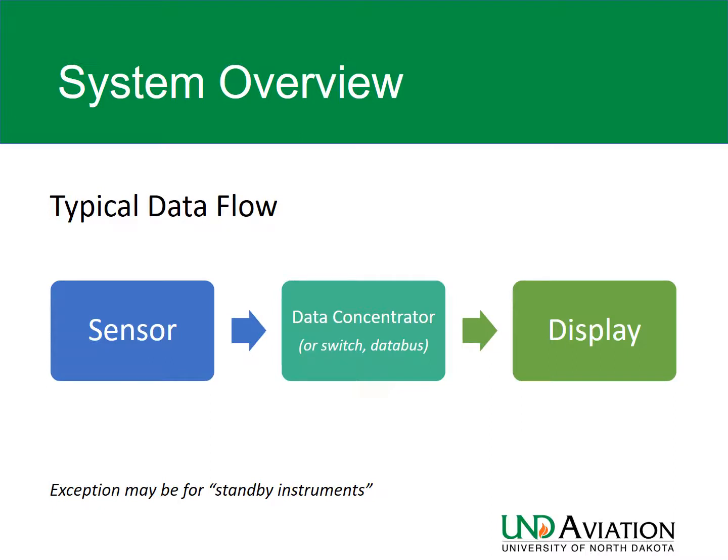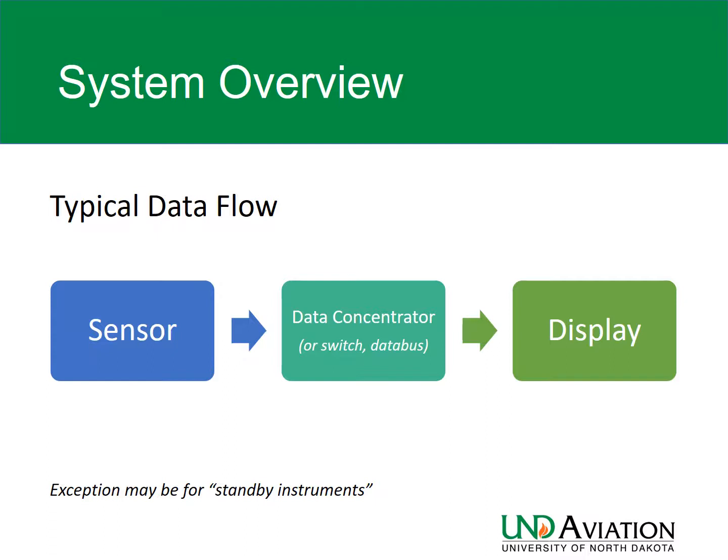So how do we get information from our sensors or our air data probes to the displays? And I just have a simple diagram here. I think it's important to keep simple sometimes. The sensor outside the aircraft ultimately is going to feed information generally to some form of a data concentrator or a switch or a data bus.